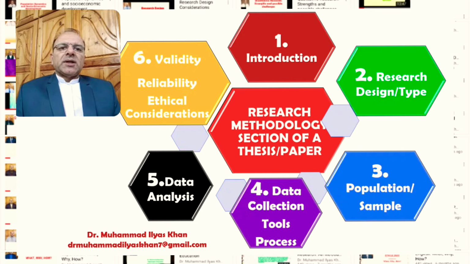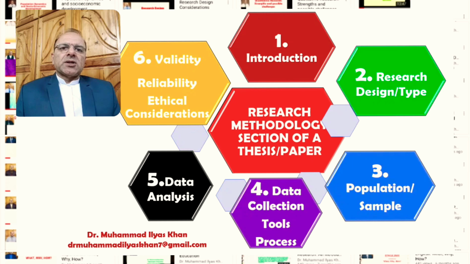Now the next part that we need to include in the research methodology section is the data collection section that describes and details the data collection tools. So what data collection tools have been used? There are several tools that we generally use in research studies. These include observations, interviews, questionnaires, checklists, and numerous other data collection tools.